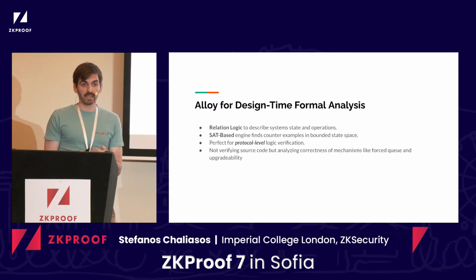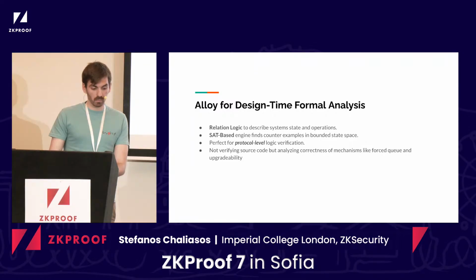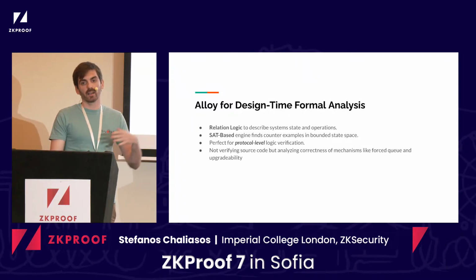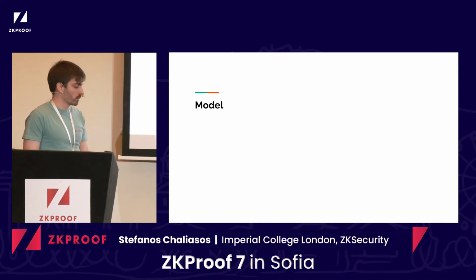And it's really handy for performing protocol-level logic verification. In this work, we don't actually verify source code, but we analyze the correctness of mechanisms that are used by rollups. So let's begin and describe our model.